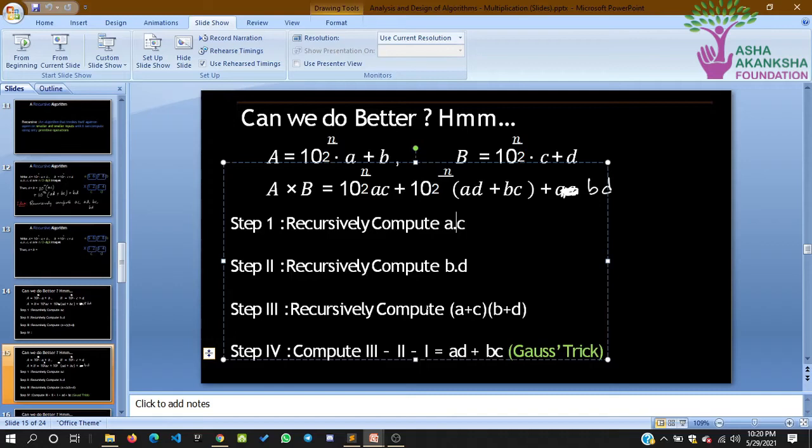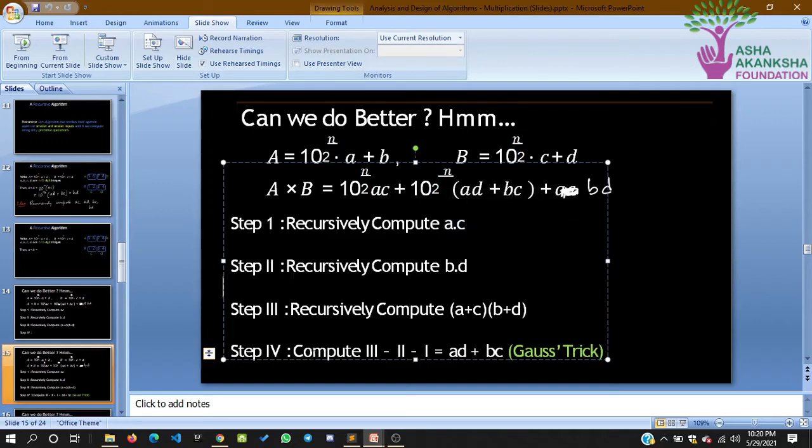Now, for step 3, you calculate A plus B into C plus D. In this case, you are adding two n by 2 digit numbers, so the time complexity of doing that will be c into n by 2. And then you are just multiplying two n by 2 digit numbers, which is the same as any two of these things.